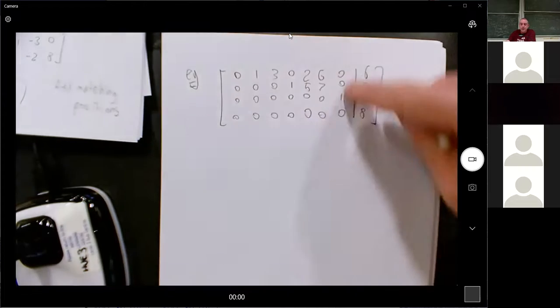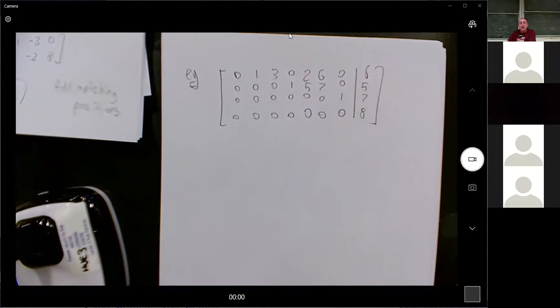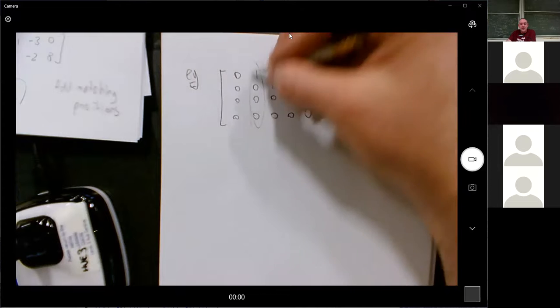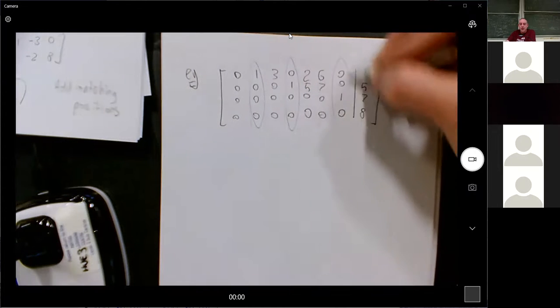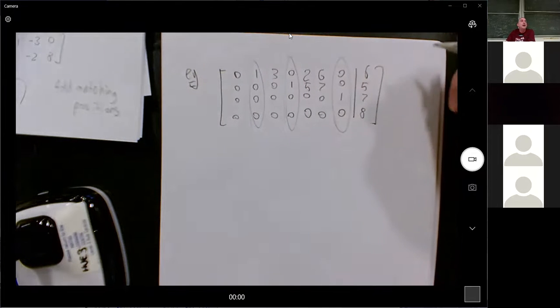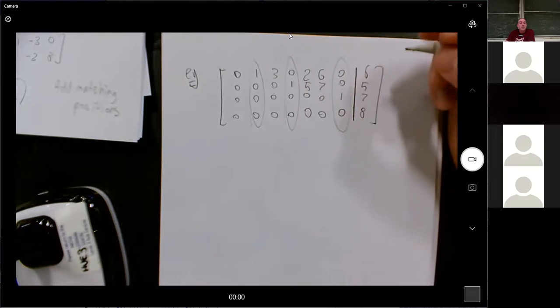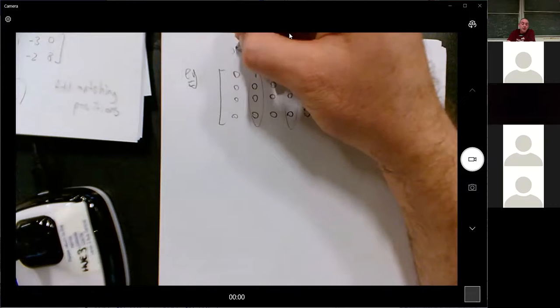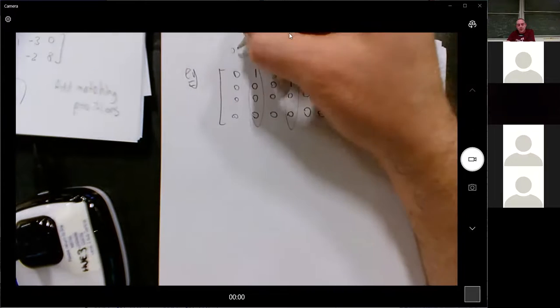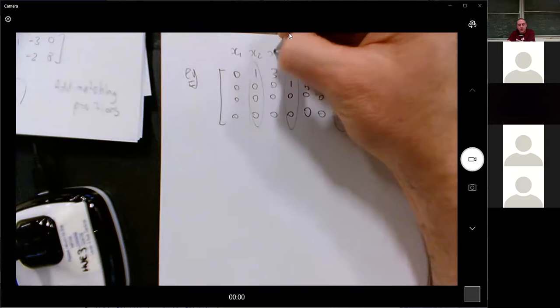But this bit's in reduced row echelon form. So have a look at this. I can see the first column of the identity there, and the second column of the identity there, and the third column of the identity there. And I didn't get to the fourth column of the identity before I left the original coefficient side of the matrix. And if this was a system of linear equations, these would all go with the number x1, and these would all go with the number x2.